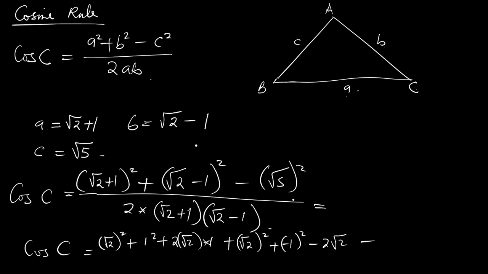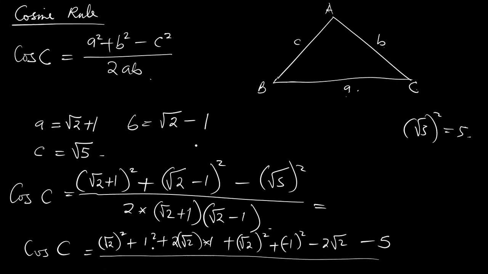Then minus the square root of 5 all squared, which is equal to 5. All over 2 times the square root of 2 plus 1 times the square root of 2 minus 1.